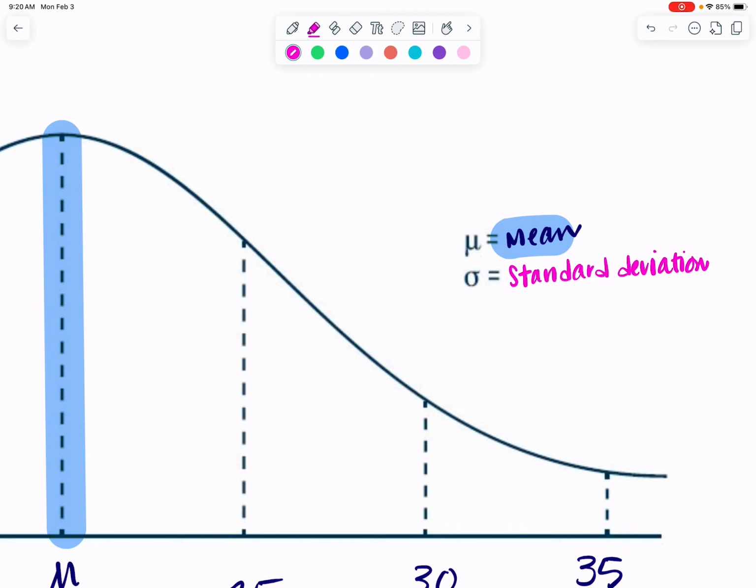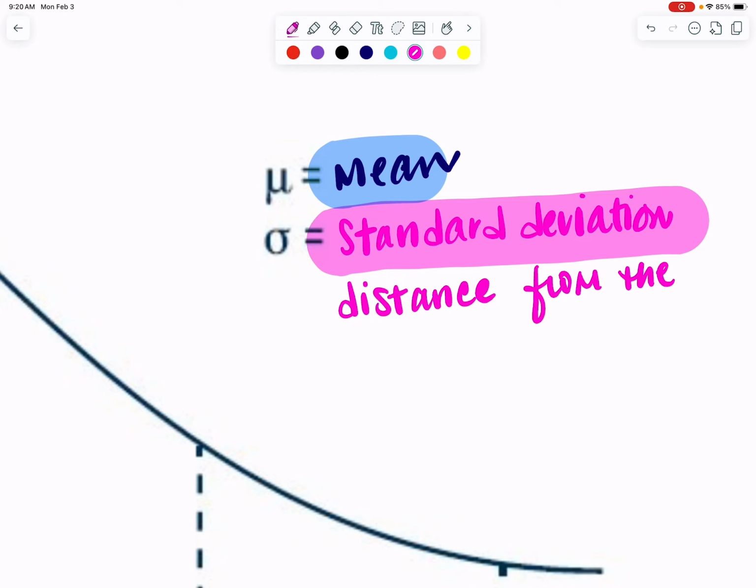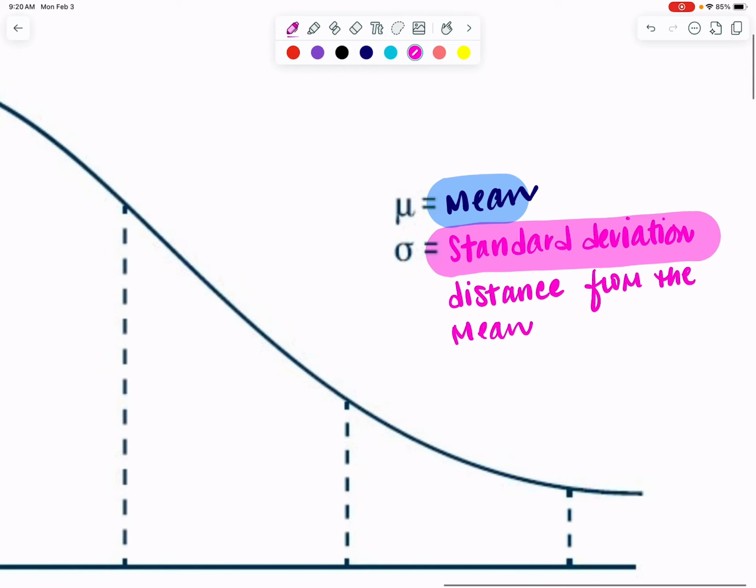This is the actual sigma. It is the standard deviation. Remember, the standard deviation tells you your distance from the mean. It is a measure of spread.